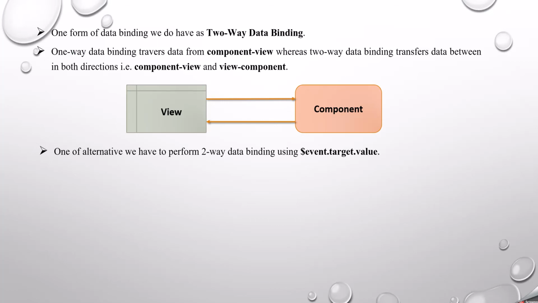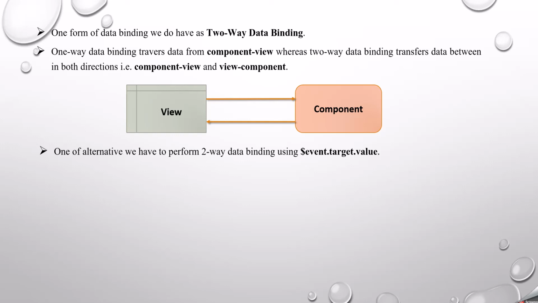One alternative to perform this two-way data binding, without switching to the actual Angular two-way data binding concept, is a tricky thing we can do using $event.target.value. Let me move into the coding part. I want you to understand what $event is all about. $event is nothing but the Angular object which deals with the current ongoing event.